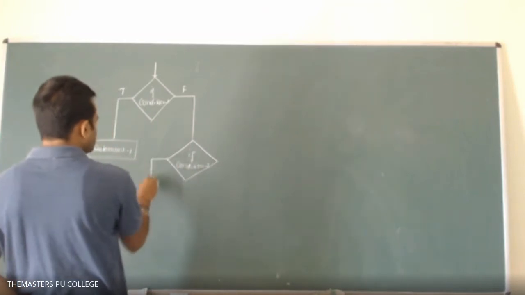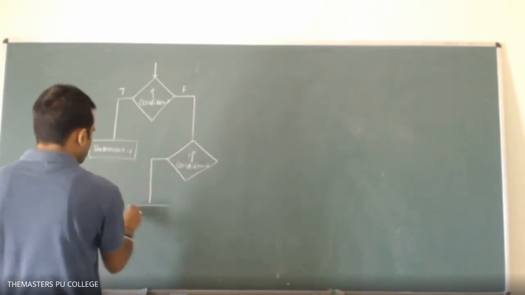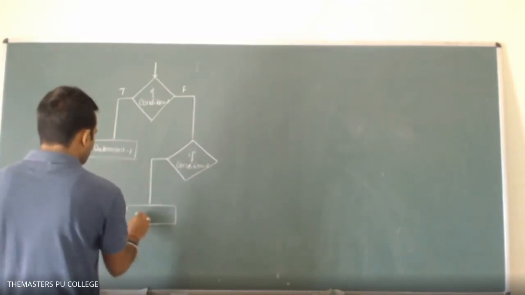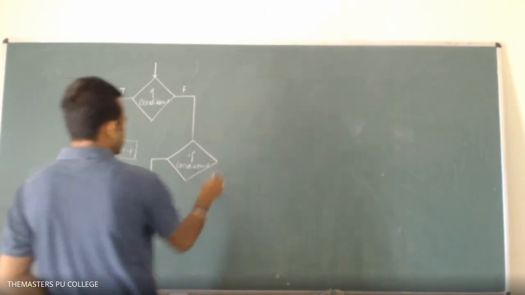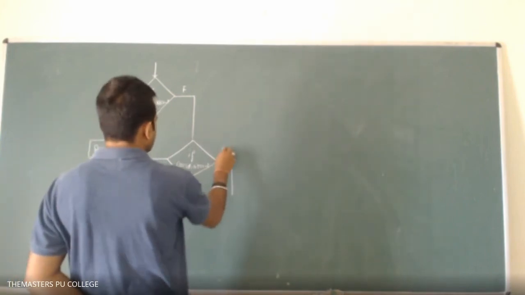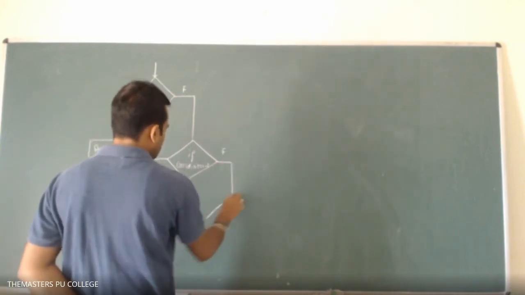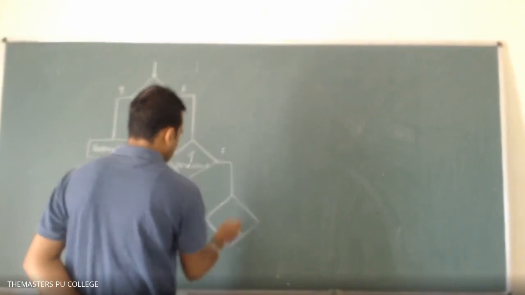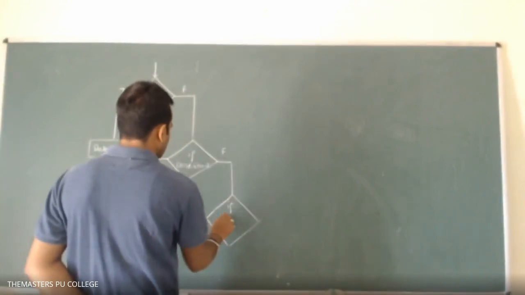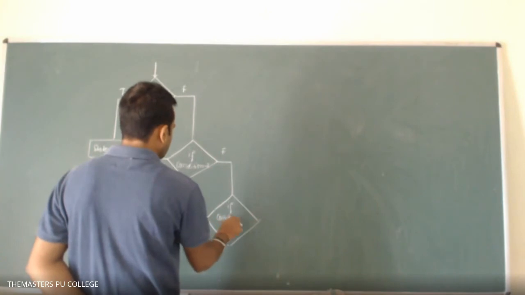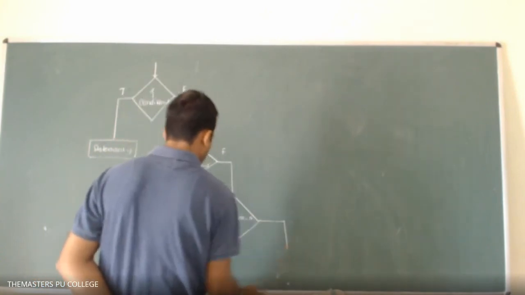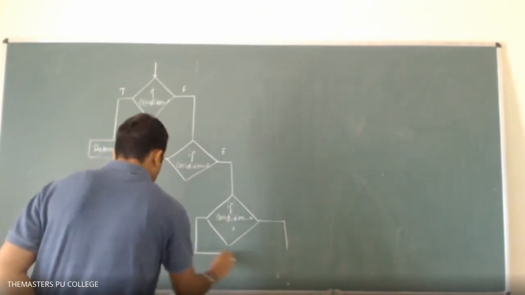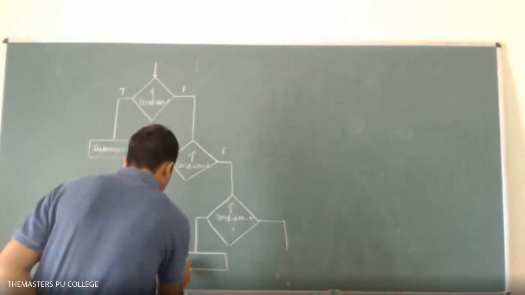If it is true, statement two will be executed. If false, it checks up to condition n. If the condition n is true, statement n will execute.